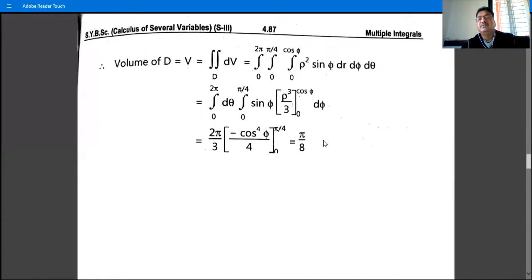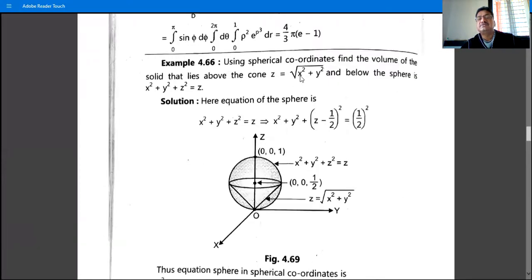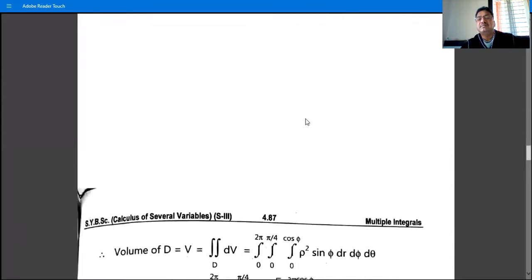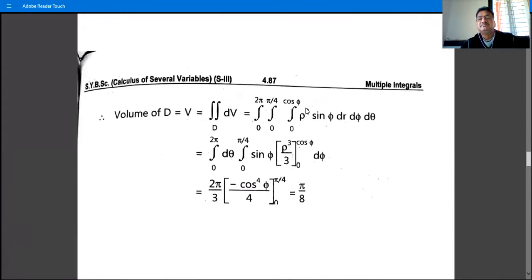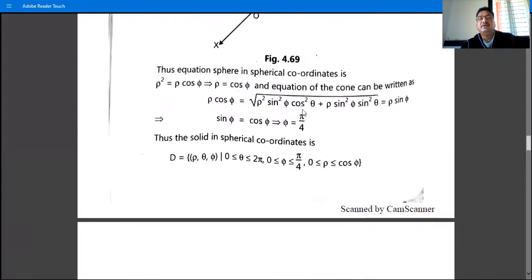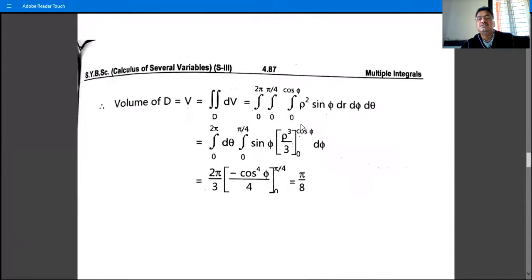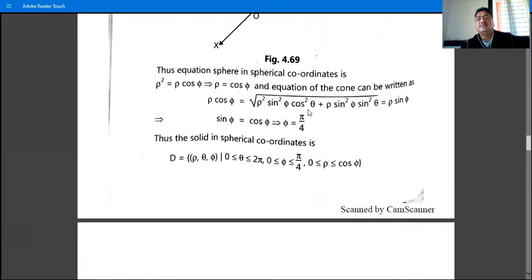So z is root x square plus y square, and that's why we have rho square sin phi.